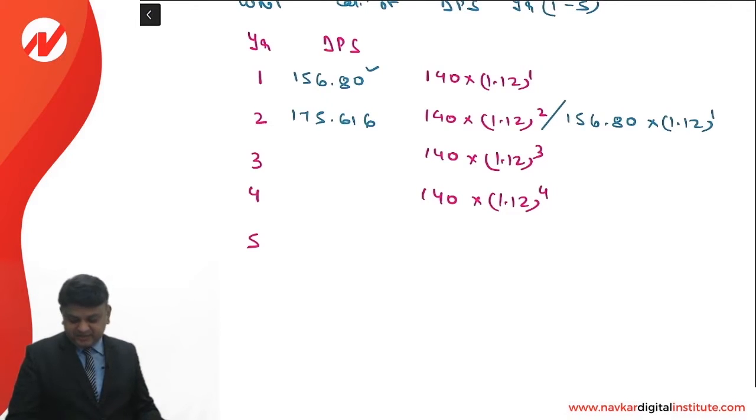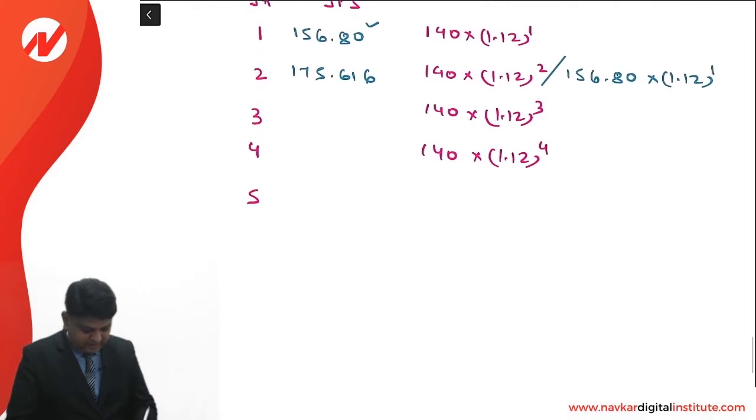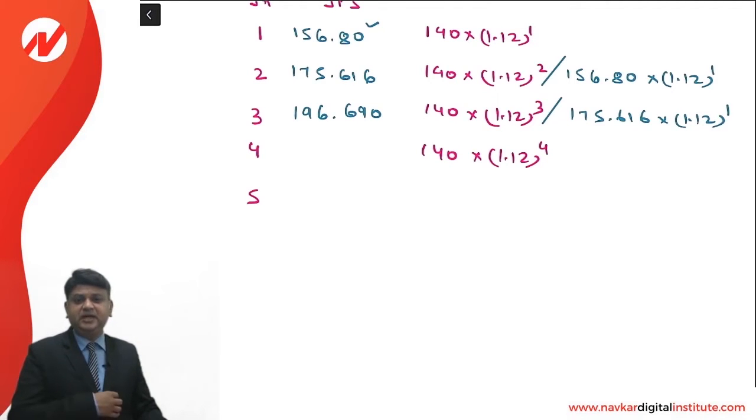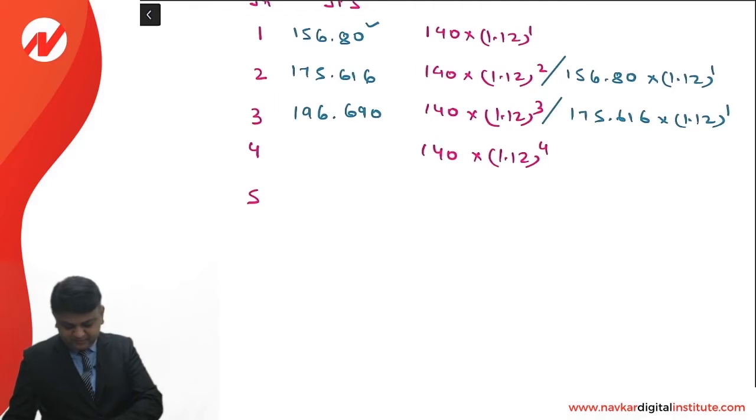Next year it is 196.69, so I am taking 69. Similarly, the third year dividend can be calculated as 175.616 into 1.12 raised to 1. That is, the preceding year's dividend can be increased at the rate of 12%. 196.69 into 1.12, so 220.293.